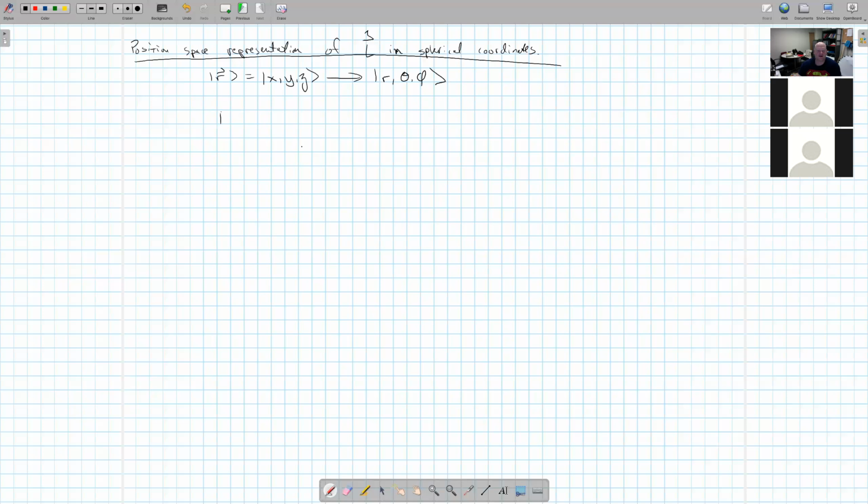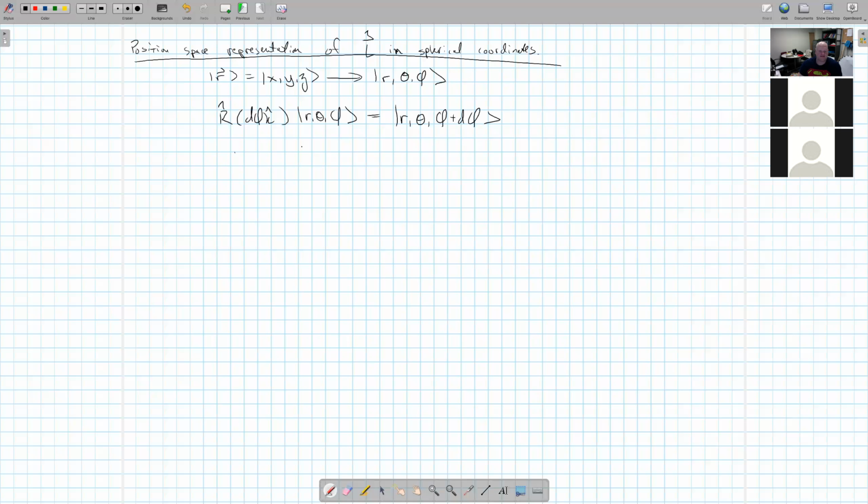So what happens if I act a rotation operator about d phi in the k hat direction, for example, onto the state of r, theta, phi? Well, since this thing is only changing phi, it's just going to become r, theta, phi plus d phi. So basically all I'm going to do is add a d phi to the phi term.